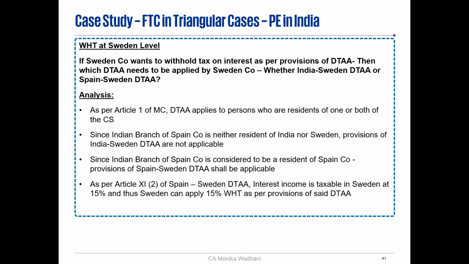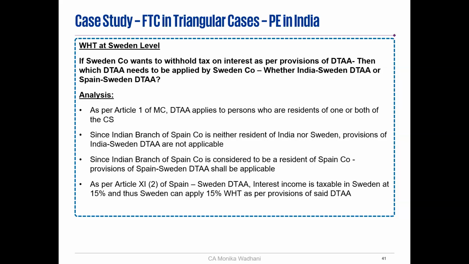In this case, the Indian branch of a Spain company is neither resident of India nor resident of Sweden. Sweden is the source country in this example because it is paying interest income. So provisions of the India-Sweden DTAA are not applicable. Since the India branch of Spain Co is considered to be a resident of Spain Co, it will be the Spain-Sweden treaty which will be applicable.